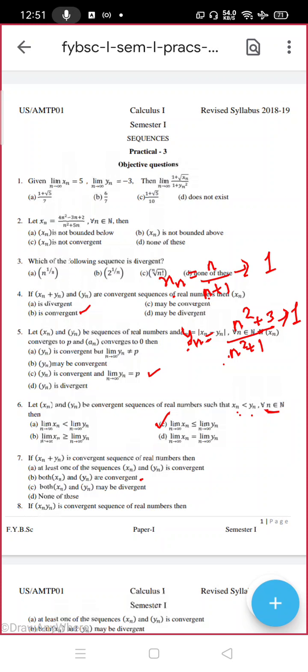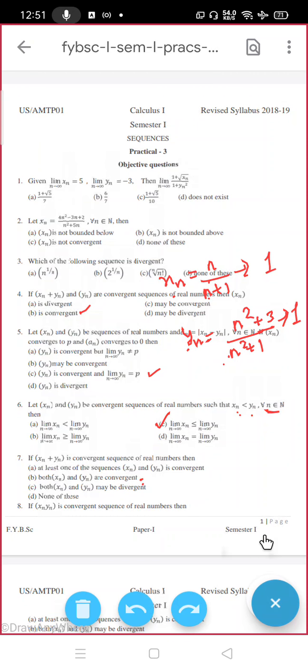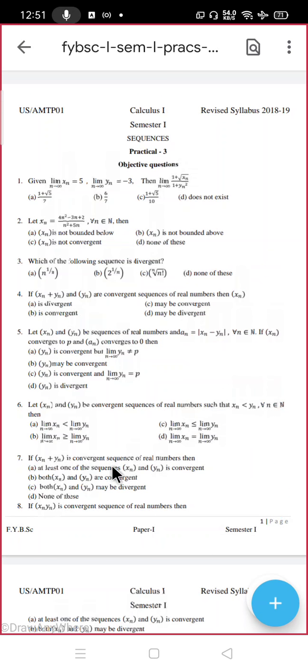B is saying that both x and y are convergent. C says may be divergent. So give me some x and y such that their addition is convergent but they are not. I have given you so many examples.